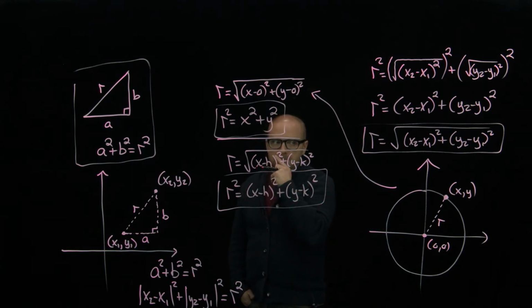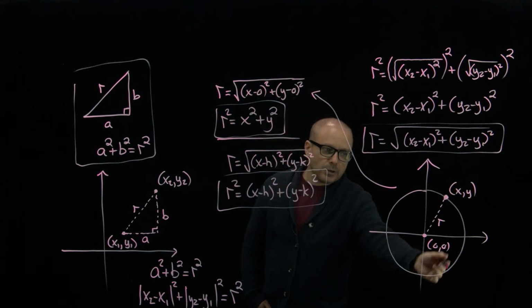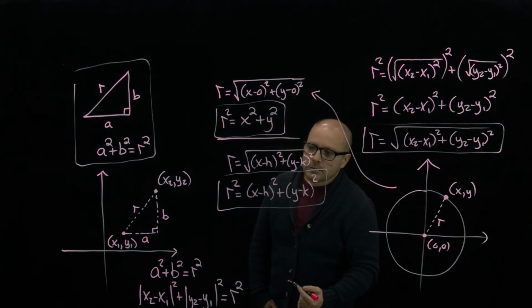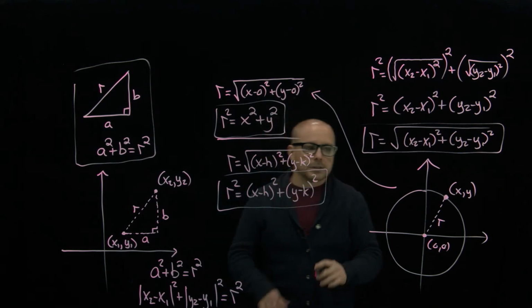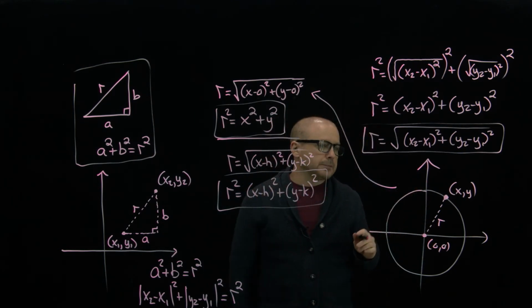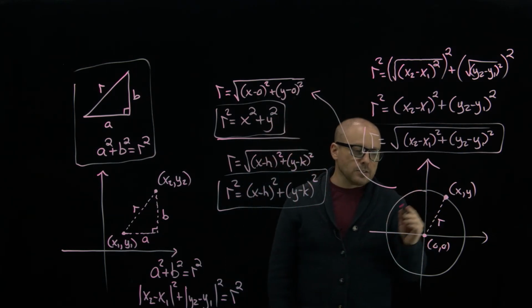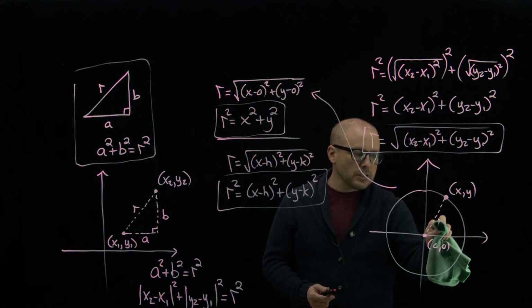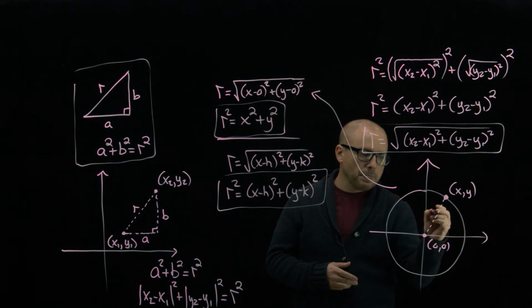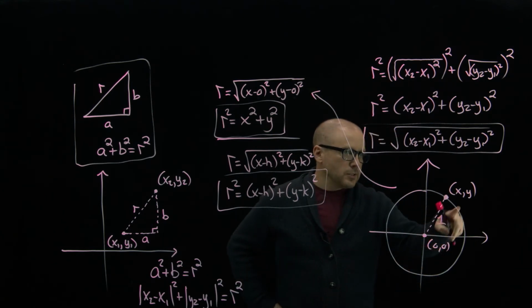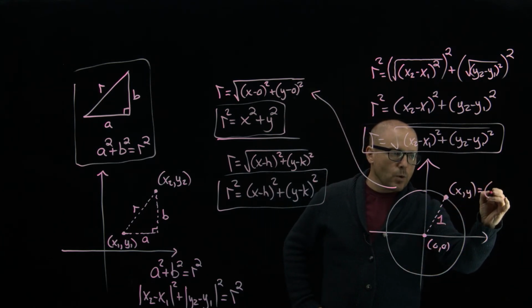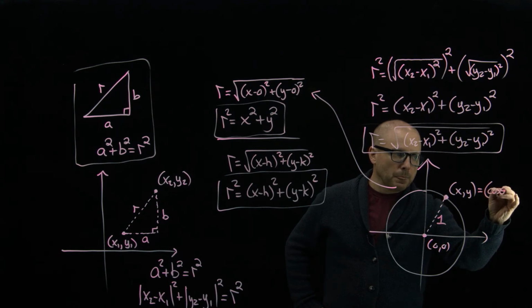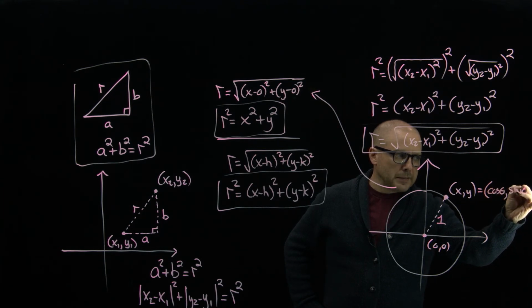Now, the very last thing that I can do here with this picture right here, just to throw one more important concept that's still based on this one idea, is on the unit circle. So let me just change this to a 1 now. On the unit circle, we define that x coordinate to be cosine and that y coordinate to be sine.